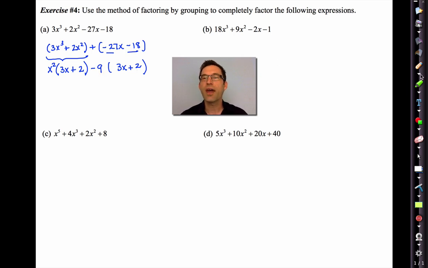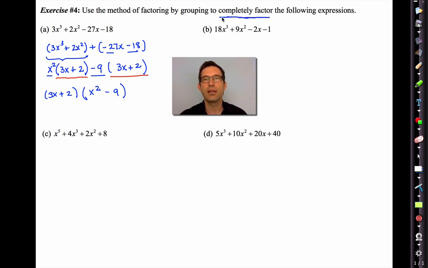Now, the reason that is so good is that now we're back to exercise 1. We just want to factor that 3x plus 2 out. So when we factor the 3x plus 2 out, we are then left with an x squared here and a minus 9 here.